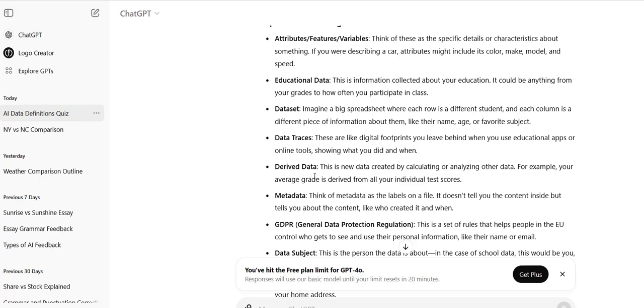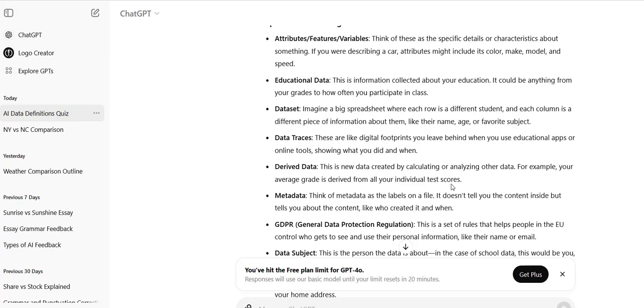So afterwards, I asked ChatGPT, explain this word in easy to understand English as if I'm a second grader or a high school student, and explain this word as it relates to my life because I'm a teacher. And here it gives an example. It says that derived data is new data created by calculating or analyzing other data. For example, your average grade is derived from all your individual test scores.